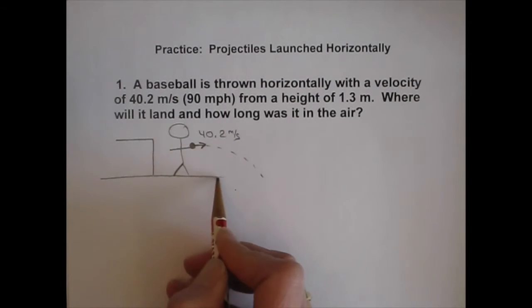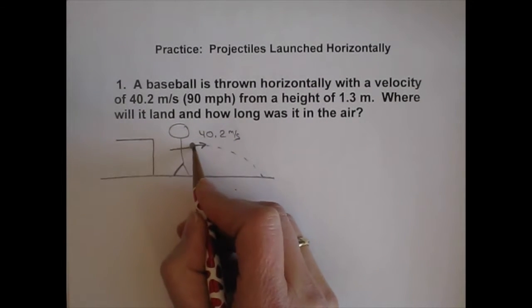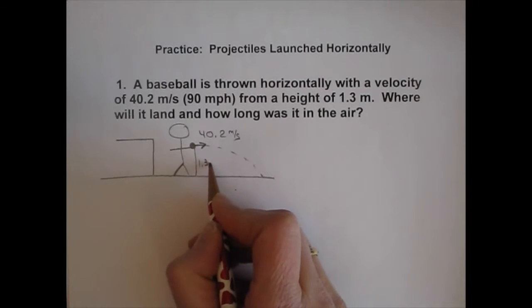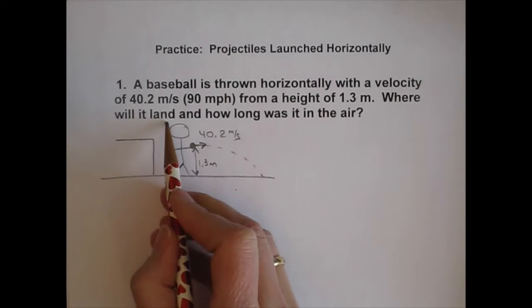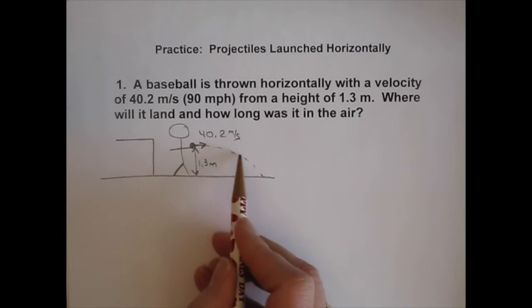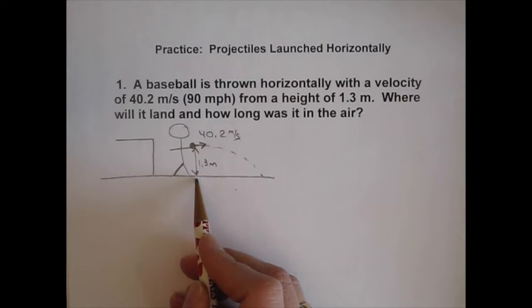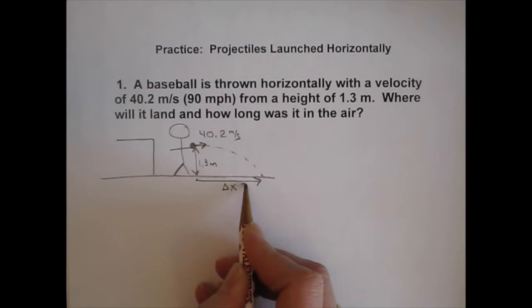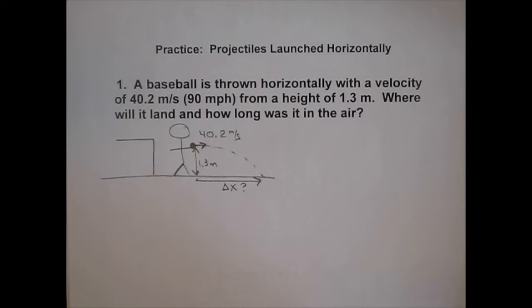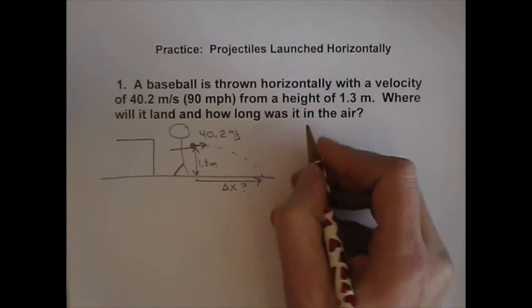And it's going to go like this. The initial height is 1.3 meters. We want to know where will it land. So we know it's going to land down 1.3 meters, but what they really want to know here is what is this? What's the horizontal distance? And what was the time it was in the air?